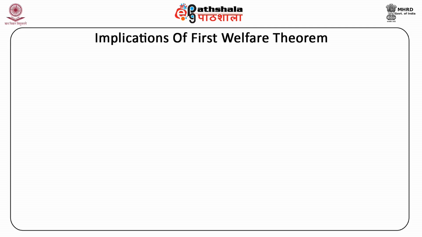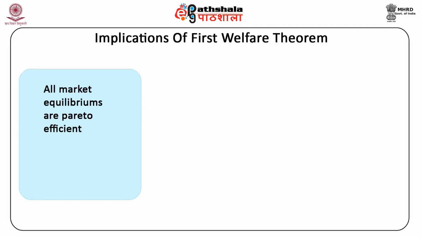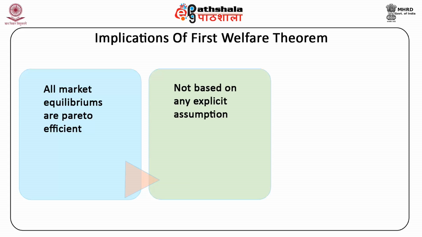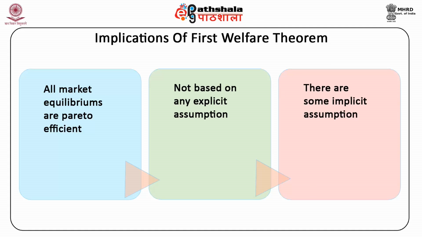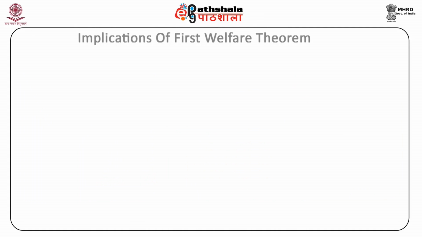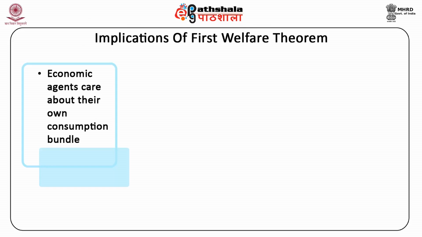Equilibrium is Pareto efficient. Let us now look at the implications of the first welfare theorem. According to the first welfare theorem, all market equilibriums are Pareto efficient. Although it is not based on any explicit assumption, there are some implicit assumptions. One important assumption is that economic agents, that is producers or consumers, care about their own consumption bundle and not about what others consume.